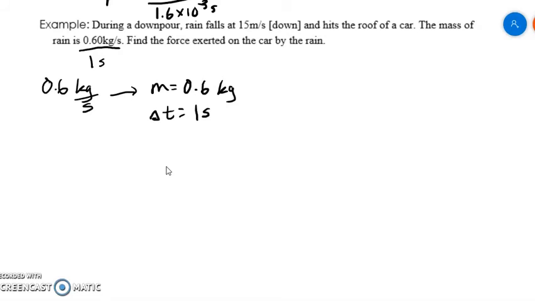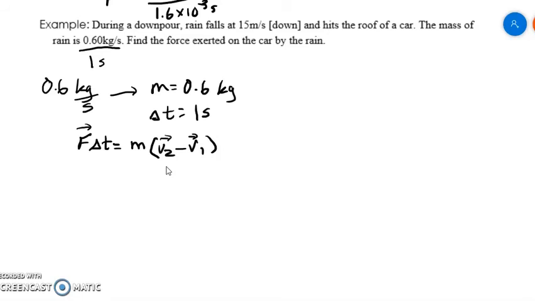So we're going to try to figure out the force exerted on the car. We're going to start off with force times change in time equals the change in momentum. Because this gives us the mass of the rain and the time it takes to slow down to 0, or really that's just the amount of rain, we can use the change in momentum to figure out how much force is required to take that much rain and slow it down to 0.